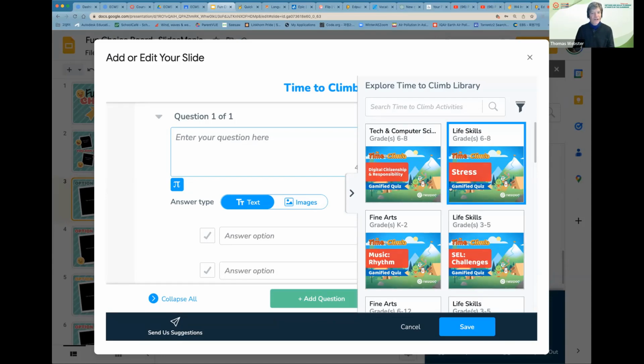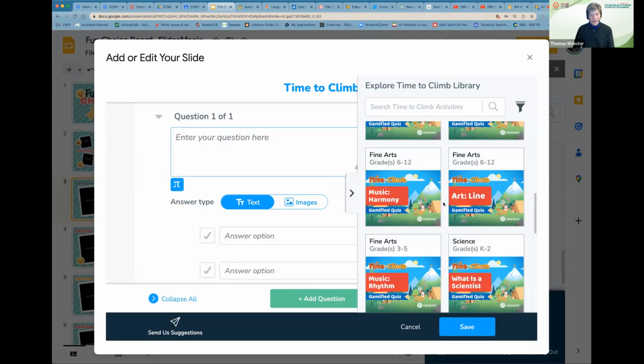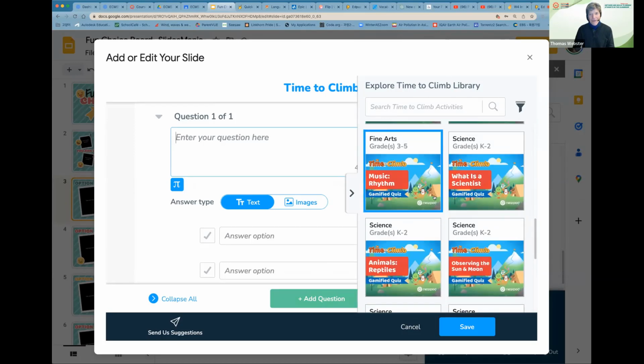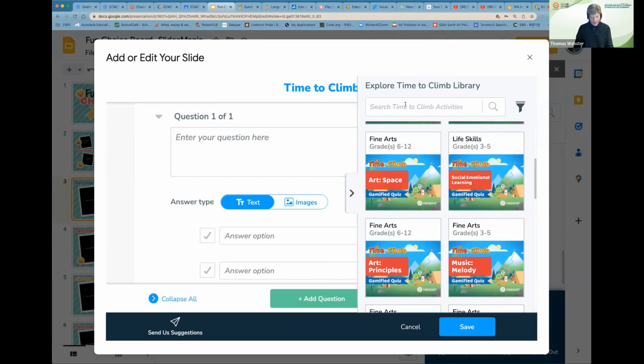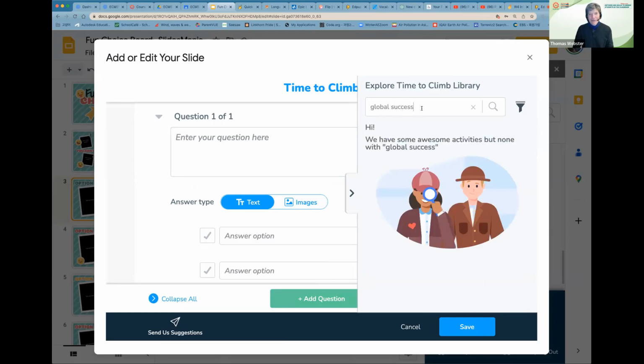It gives you characters. Again, you can see there are some that are already set up for you. So if we searched here, what if we looked up global success? I doubt it's here, I'm just checking. Nope, no global success.